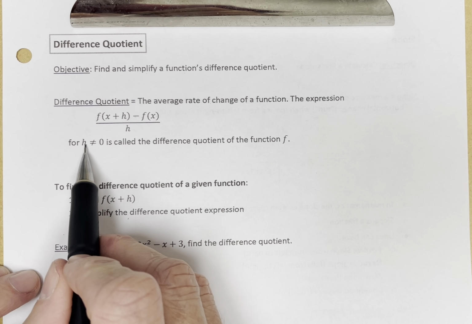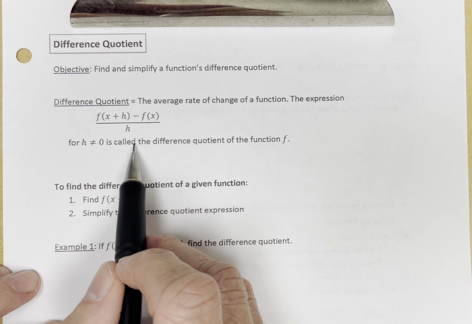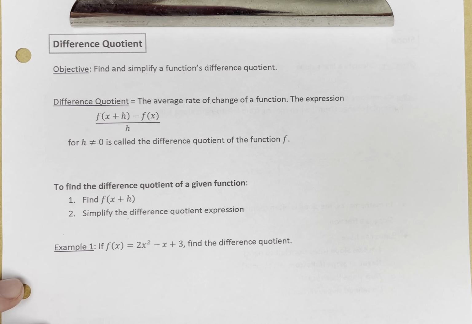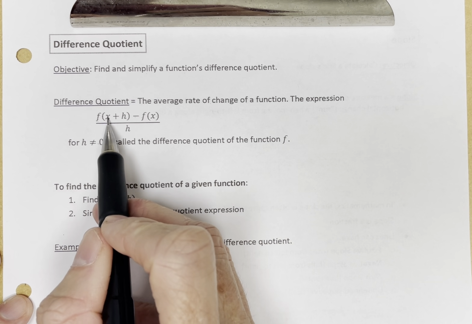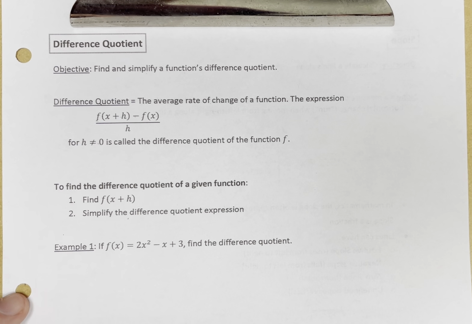And of course, h cannot be 0 because dividing by 0 is undefined. This is called the difference quotient of the function f. It really will help to see an example, but that's the difference quotient: f of x plus h minus f of x, all divided by h.